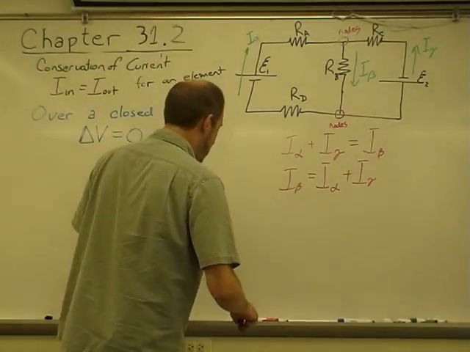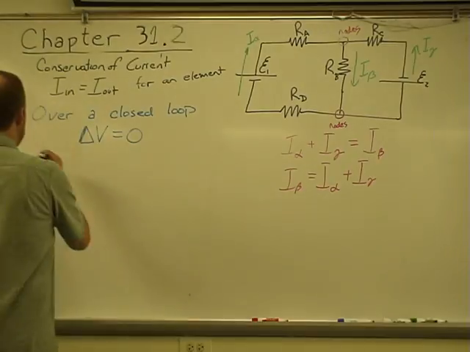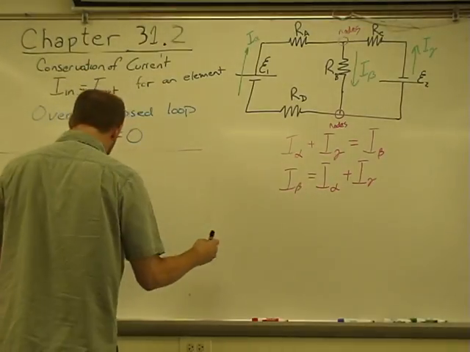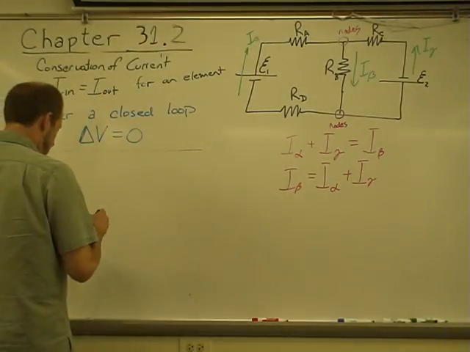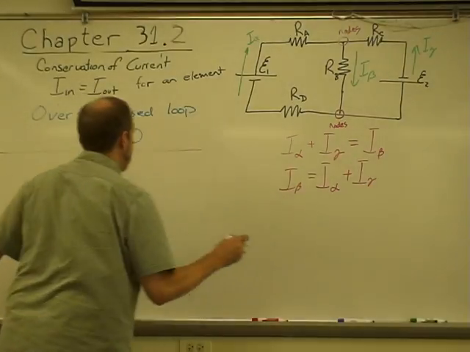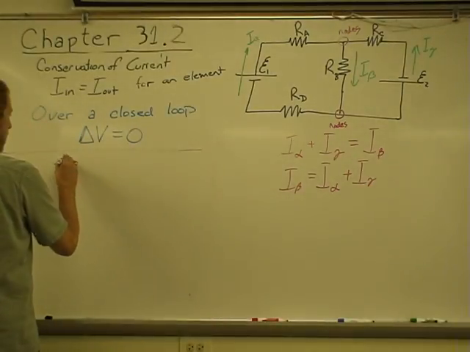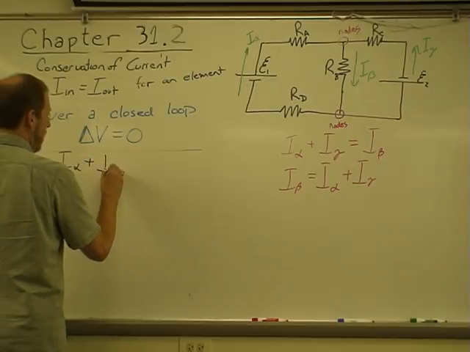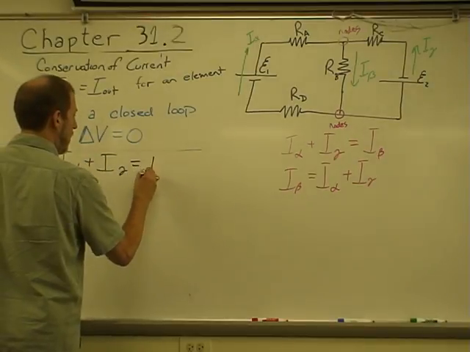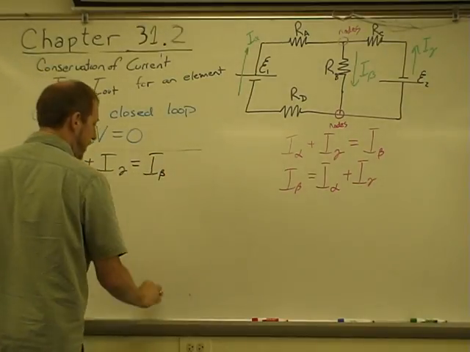So, I get one equation out of these nodes: current alpha plus current gamma is equal to current beta.